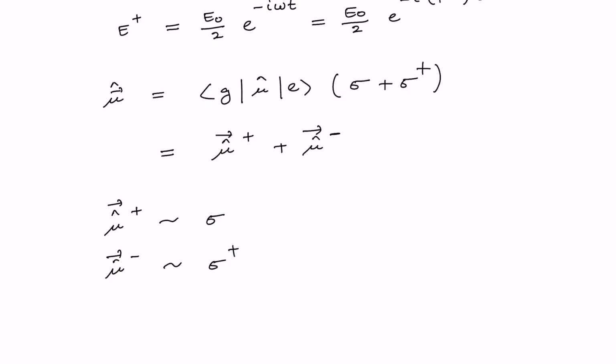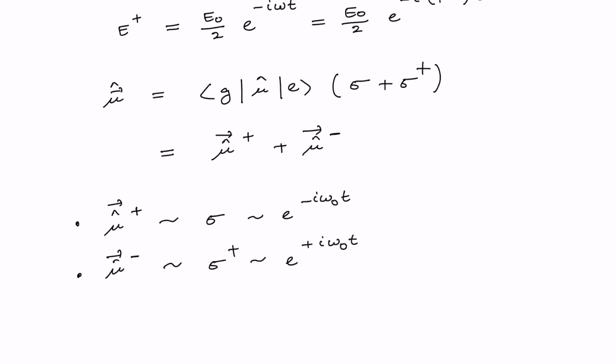As you have already seen, σ varies as e to the power minus iω0t with time, and σ† varies as e to the power plus iω0t. Now I think you can see the logic why we are writing μ superscript plus and μ superscript minus.